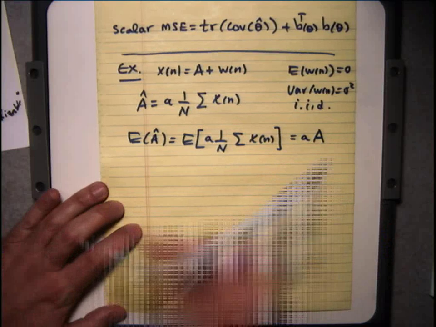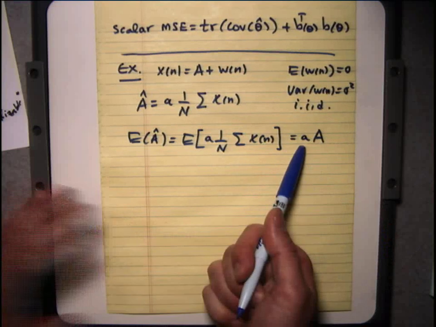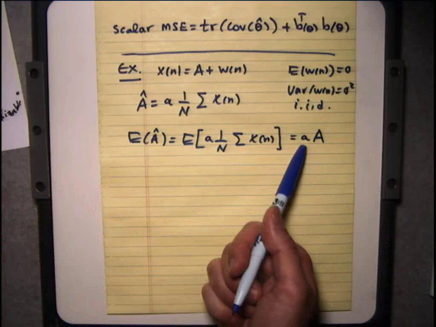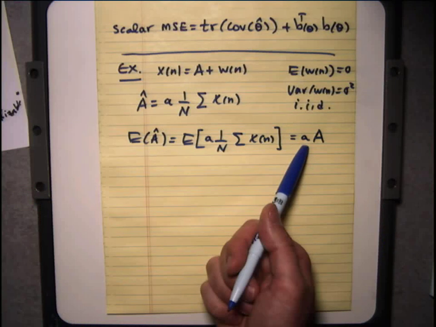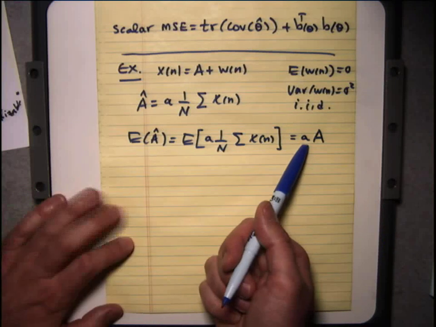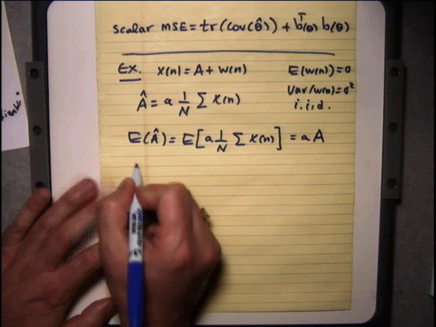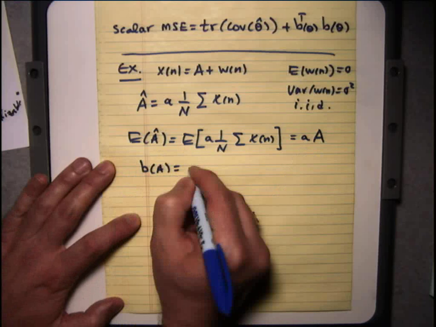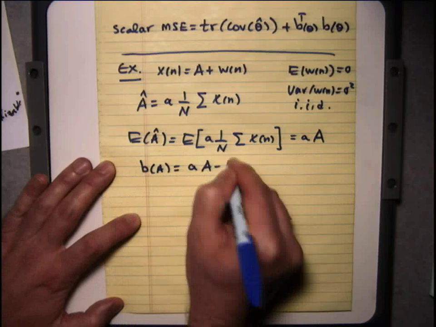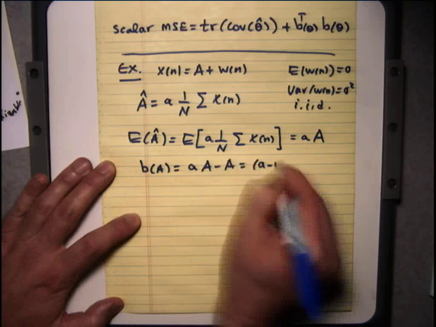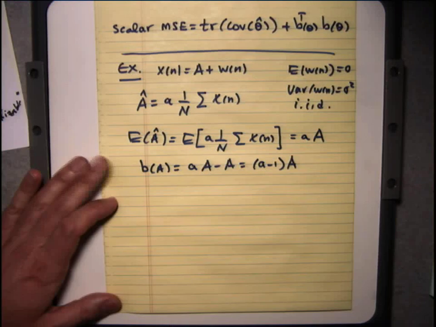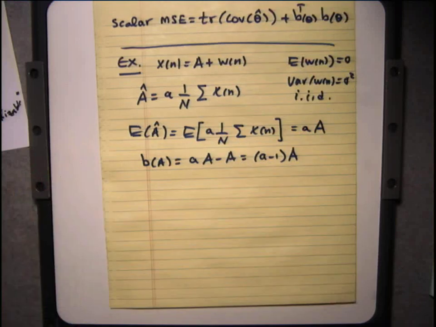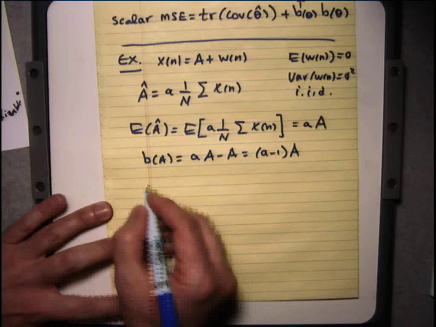It's actually biased, unless I pick a to be 1, which is just what I had before. So the bias, b of A hat, is a times capital A minus capital A, so a minus 1 times capital A.